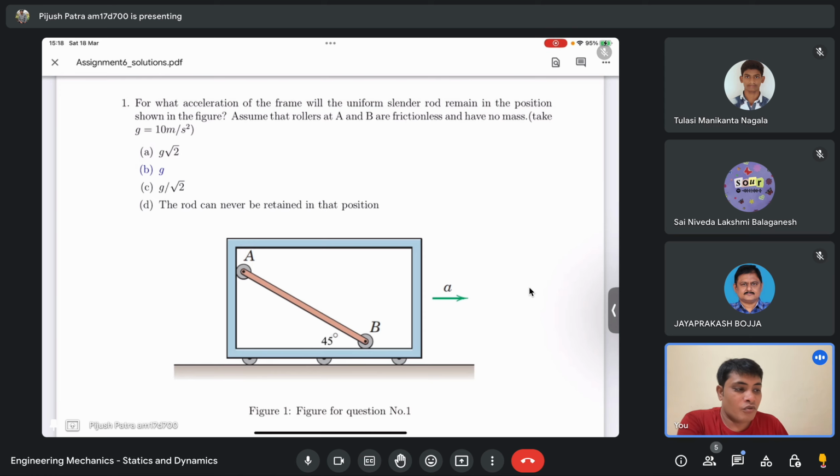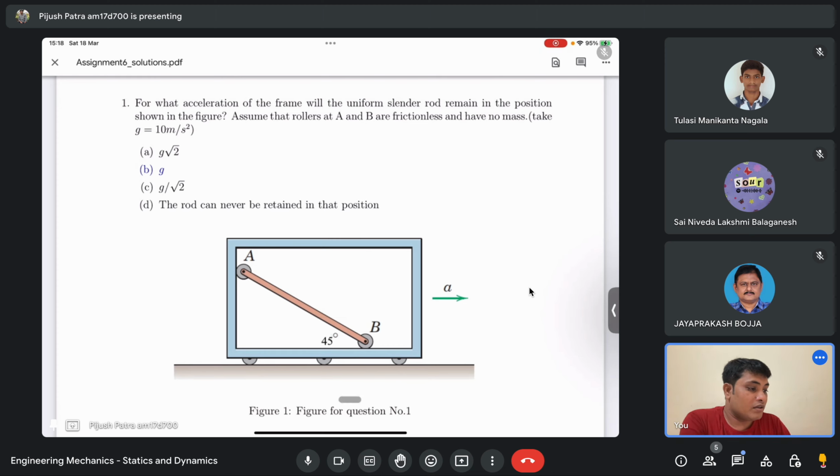But if you attach a frame of reference, if you see this entire thing in a frame where you are also attached to the slender rod, then what will you see? That the slender rod is not moving at all. That means you can simply use that the slender rod is moving with the same acceleration as the entire frame. If that is the case, then it will not move at all.